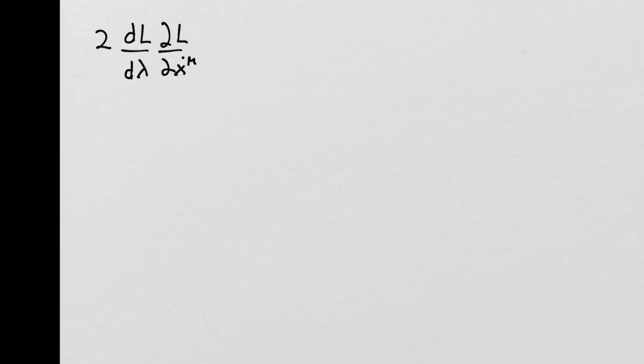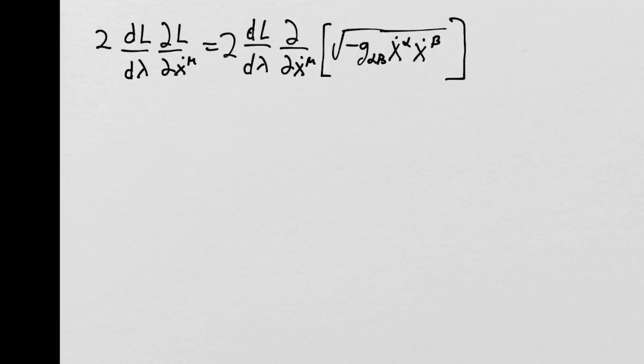So what we're going to do is execute this derivative now using the original so-called Lagrangian, which is just that square root of minus G alpha beta x dot alpha x dot beta with the square root involved. That is, we're going after this guy right here.